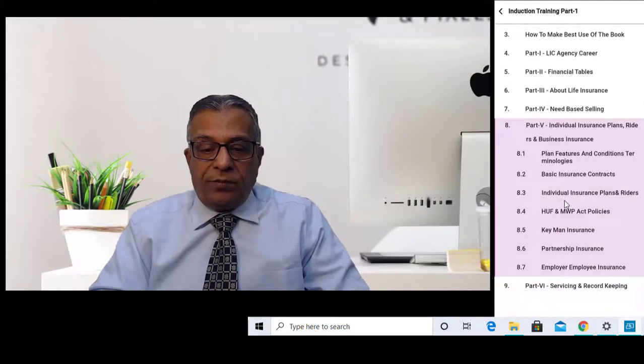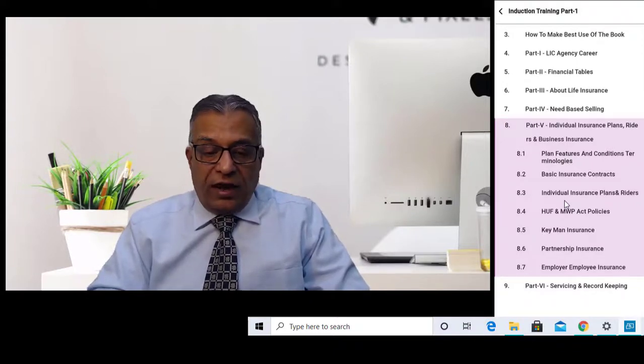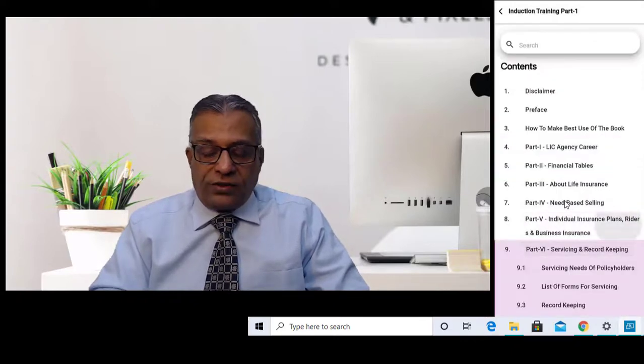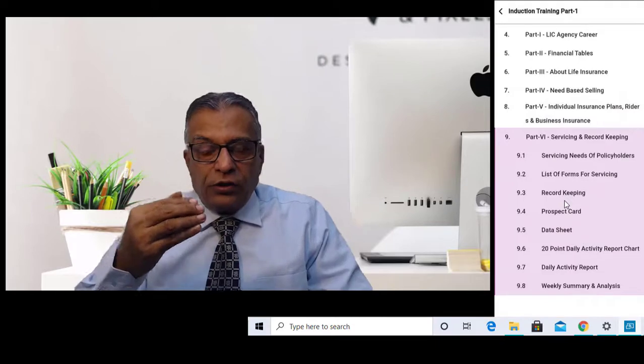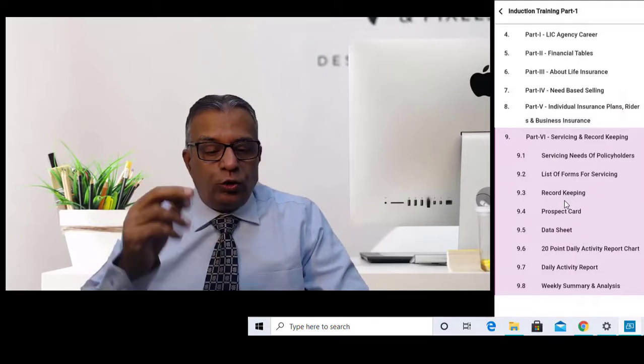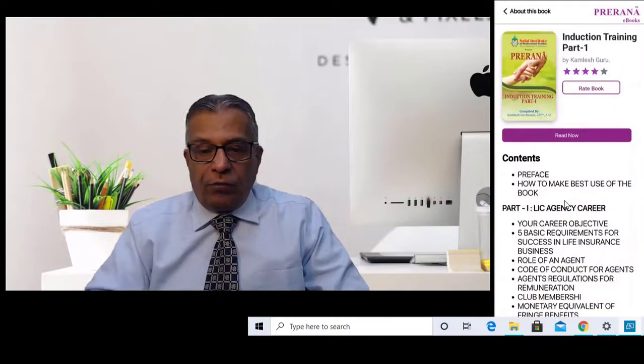What are the plan features, conditions, basic contracts, key man insurance, partnership insurance, employer-employee insurance details, and servicing needs of the prospects, and how you should keep your records so that you can do self-analysis to grow further. So this is covered under Prerana Induction Training Book 1.